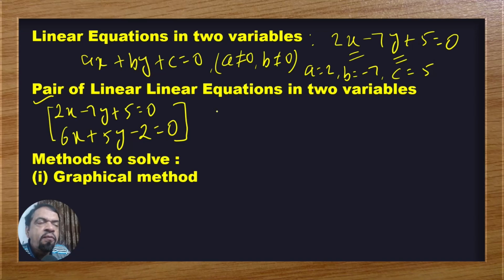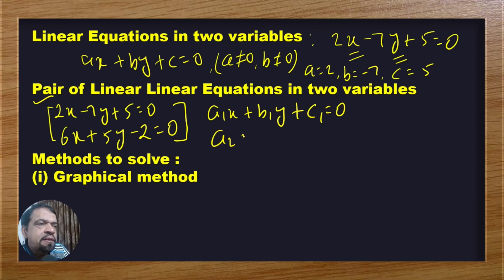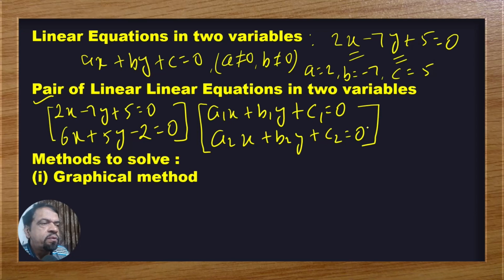The standard form of a pair of linear equations in two variables is a1x plus b1y plus c1 is equal to 0, a2x plus b2y plus c2 is equal to 0, where a1, b1, c1, a2, b2, c2 are not equal to 0.